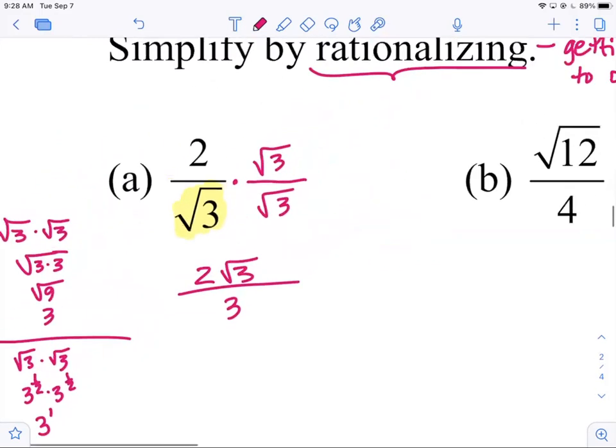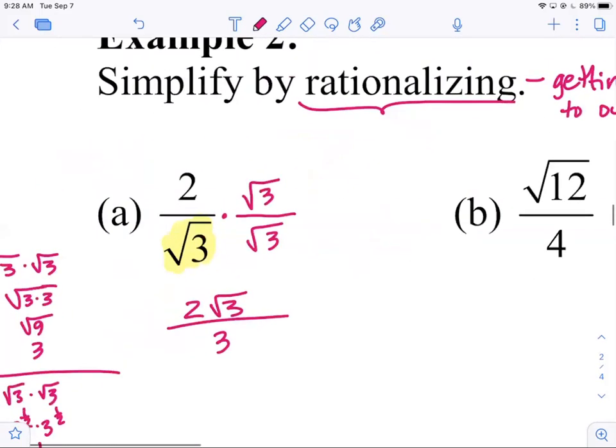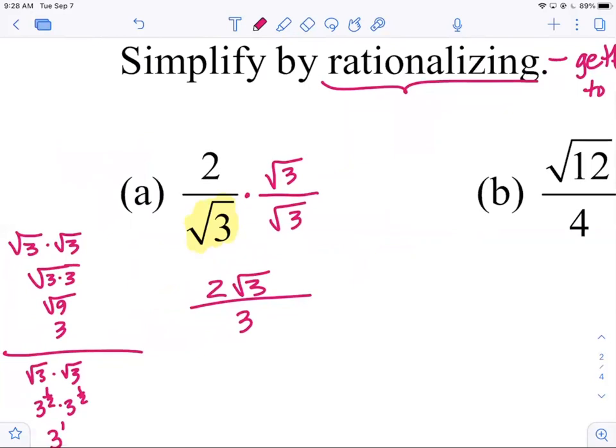Okay? Is 2 square root of 3 over 3 then simplified? Does anything divide out? No. We're done. It was that easy. It's an equivalent version of what I gave you, except there's no longer a radical in the denominator. It's in the numerator. Okay?